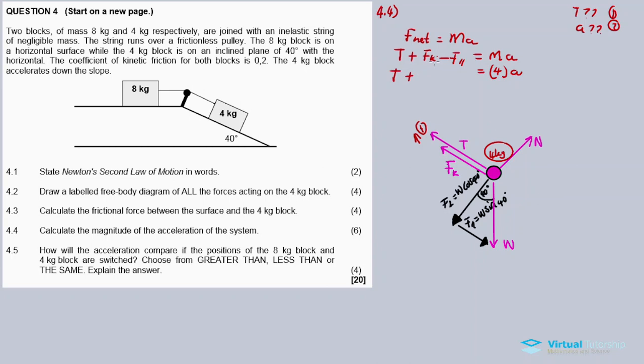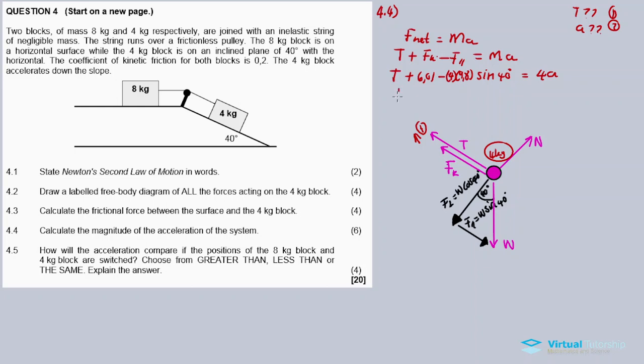The frictional force Fk is 6,01. You calculated it previously. And then it's minus F parallel. F parallel, we substitute: 4 times 9,8 times sine 40 degrees, equal to mass, which is 4a. Then it's equal to 4a.